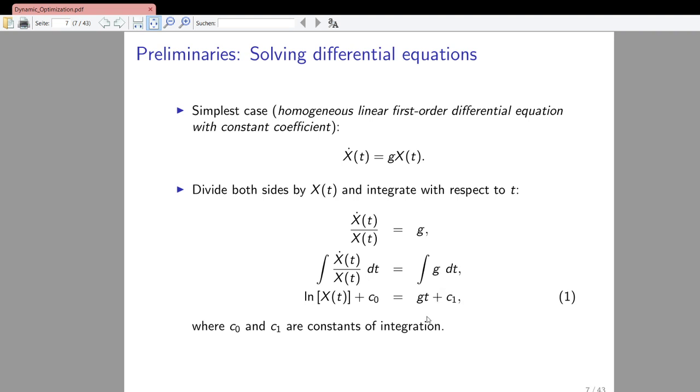Now, when we take the integral, we know the integral of a constant with respect to time is the constant multiplied by time, and we have the integration constant that we denote by C1 here on the right-hand side. And on the left-hand side, we have the integration of x dot over x.